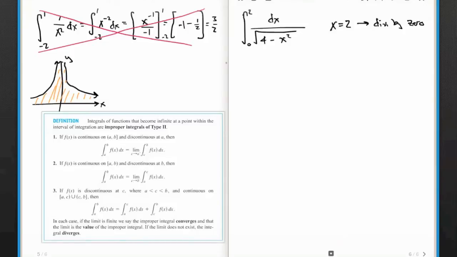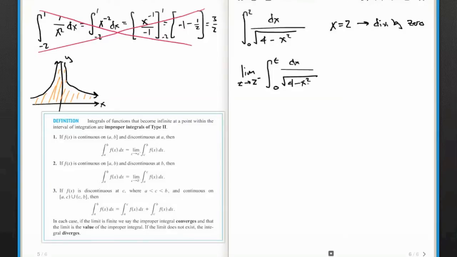So I'm going to say this thing is going to be the limit as, pick your variable. In my notes I use t, I'm not sure why. As t approaches 2 from the left of the integral from 0 to t of dx over root 4 minus x squared. Okay.